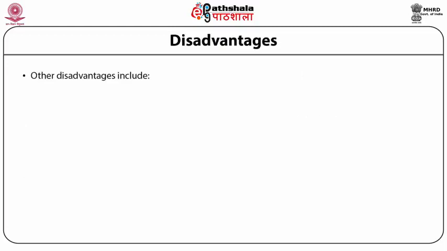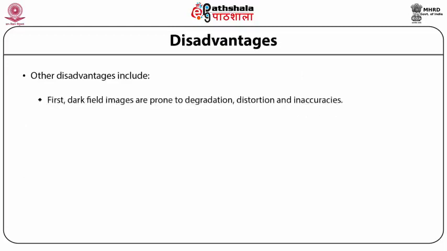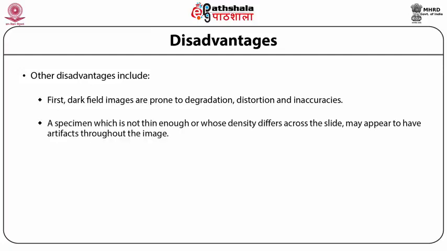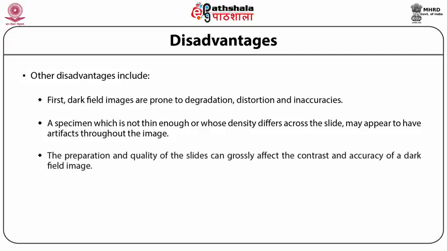Other disadvantages include: first, dark field images are prone to degradation, distortion, and inaccuracies. Second, a specimen which is not thin enough or whose density differs across the slide may appear to have artifacts throughout the image.